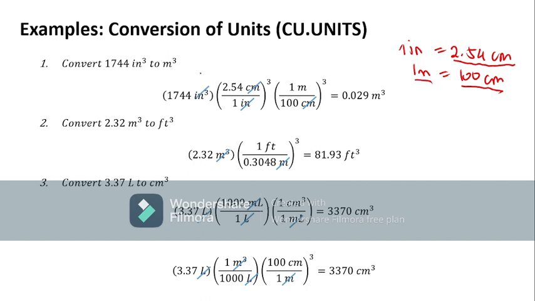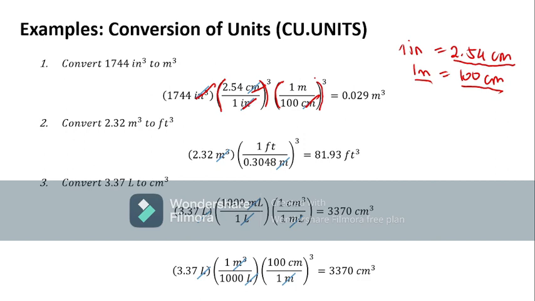Now, since this is raised to 3, so dapat yung buong conversion na to raised to 3 kasi wala naman naka-raised to 3 dito. So, raised to 3. Tapos, kung ito magiging raised to 3 din, because of this exponent, since wala naman naka-raised to 3 yung mga units natin dito, then yung buong conversion natin kailangan naka-raised to 3 din. Okay? So, simplifying this one, so cancel the cubic inch, cubic inch, cubic centimeter, cubic centimeter. So, we will have cubic meters tayo dito.